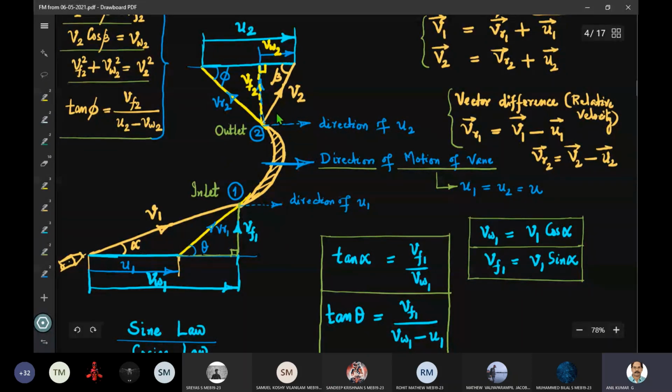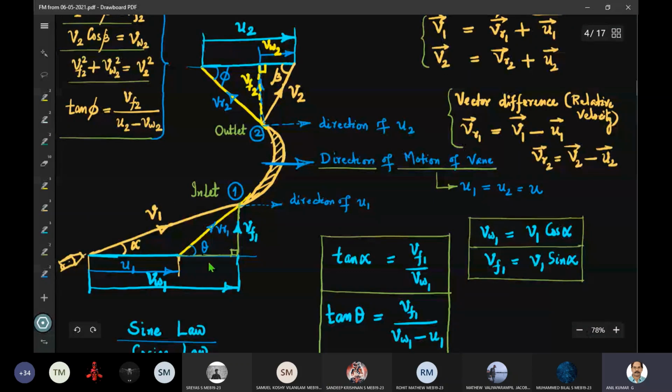And now at the outlet, the absolute velocity of the jet is V2, and it has components VW2 and VF2, one in the direction of U2 and one perpendicular to U2. So the component of V2 in the direction of U2, that is VW2, is called whirl component of velocity at outlet, and VF2 is the component normal to U2, that is called flow component at outlet.